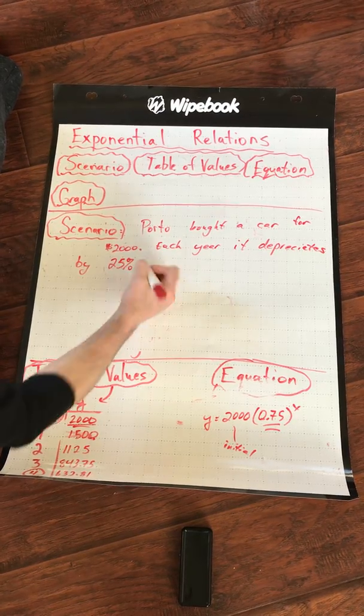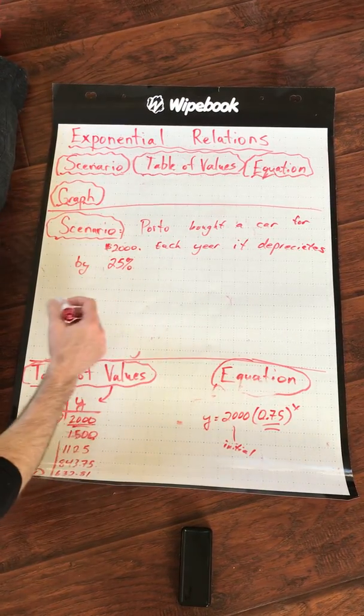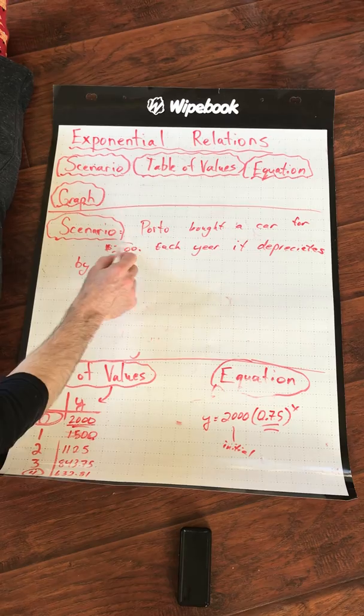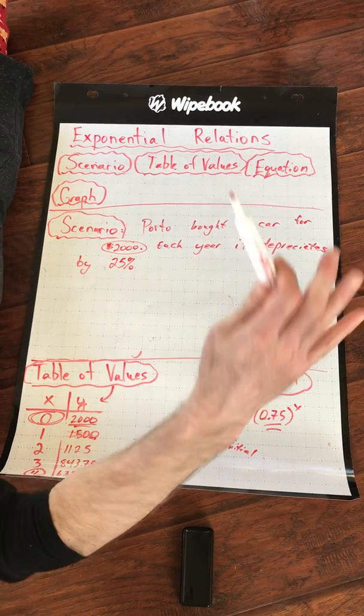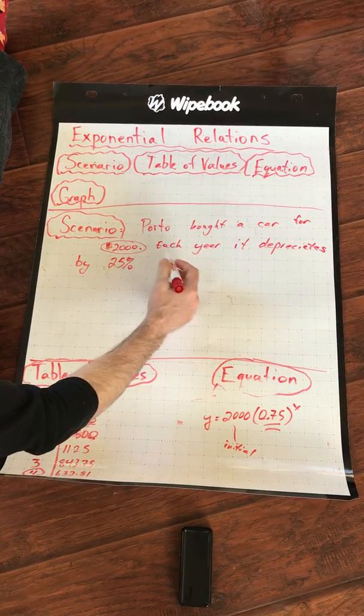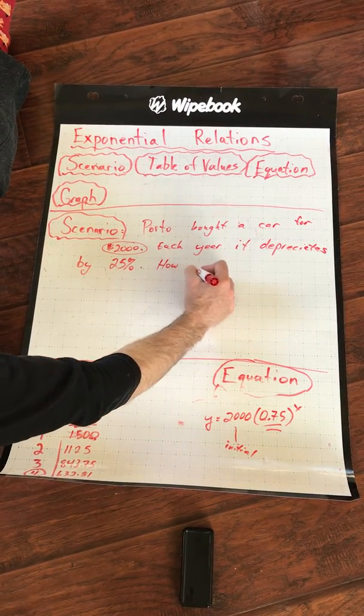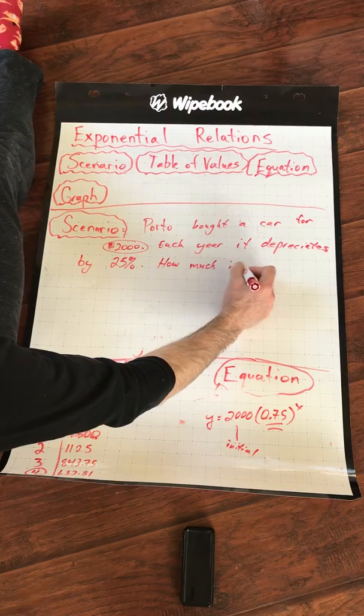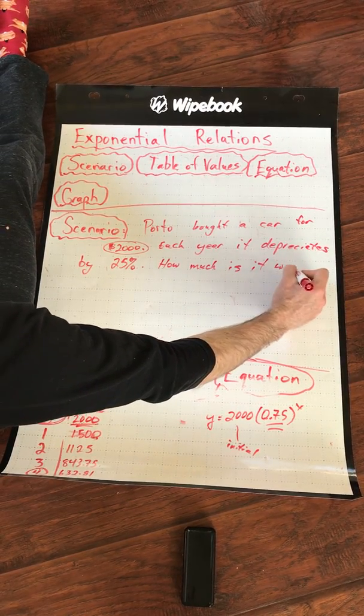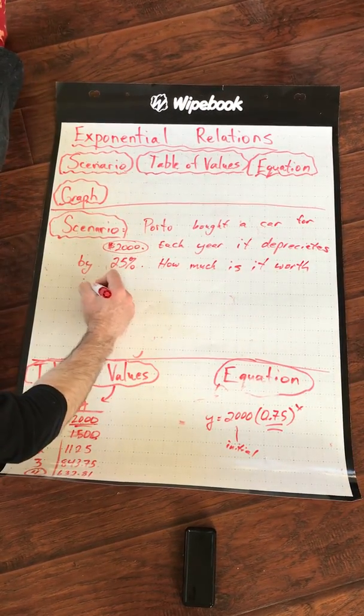Because it's no longer worth 100% of its value, it's only worth 75, it went down by 25%. So each year it depreciates by 25%. How much is it worth, let's say, in 10 years?